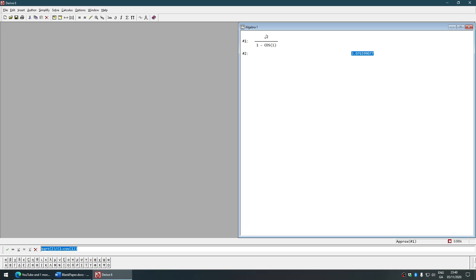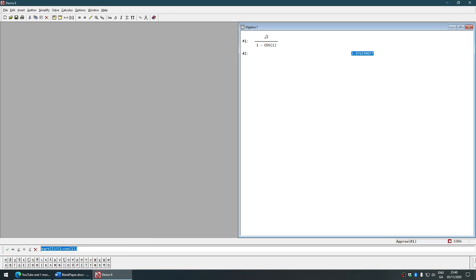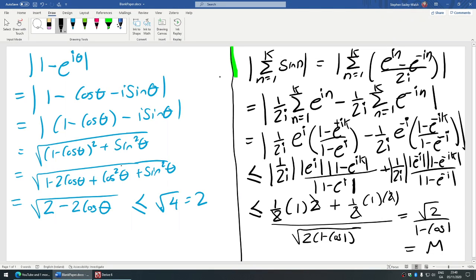That's 3.07. So we're basically saying that this should be less than or equal to roughly 3. Now that's an overestimate, because when I was looking at what type of values you get here for different values of k, it always seemed to be roughly less than 2. So I've overestimated the bounds here, but that doesn't matter.